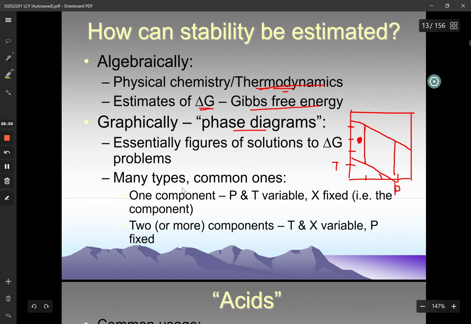There may be many types. Common ones have one component, with temperature and pressure as variables and X being fixed, or two or more components, for example, temperature and X varying but pressure being fixed.